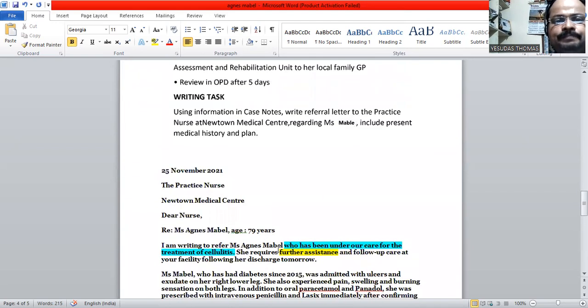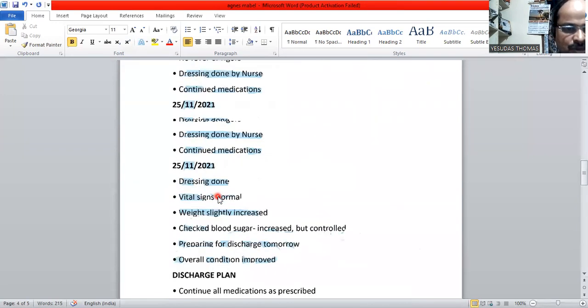We need to mention the present medical history and plan. So a separate paragraph for mentioning when she had diabetes and when the osteoarthritis. We don't have any other relevant past medical history here in this case.